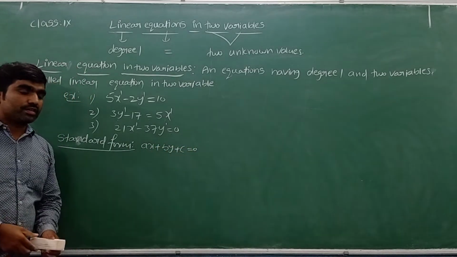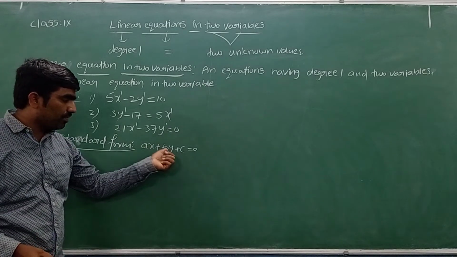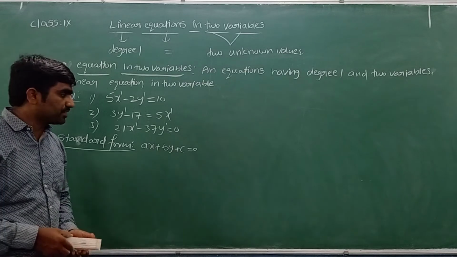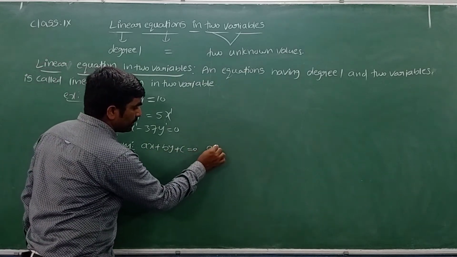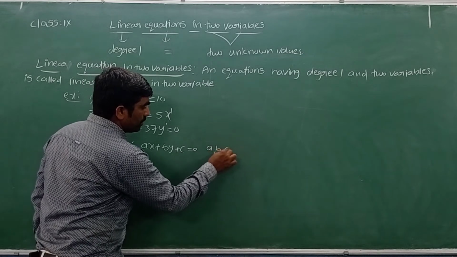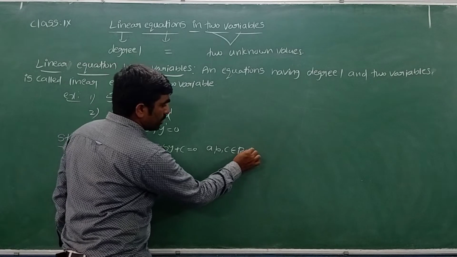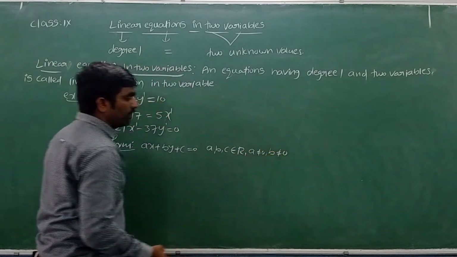It is called the standard form of a linear equation in two variables, where x, y are variables, and a, b, c are constants. The values of the constants a, b, c belong to the real numbers, and a is not equal to 0, and at the same time b is also not equal to 0.